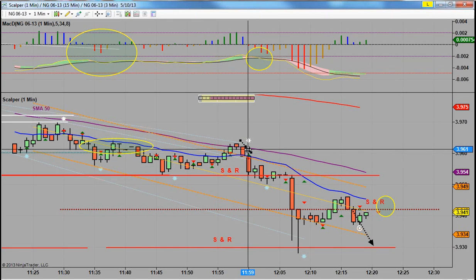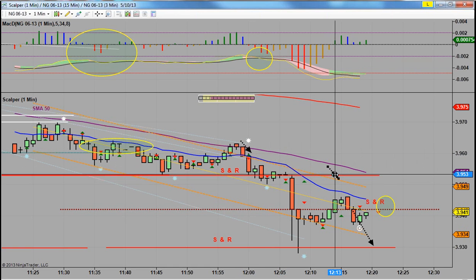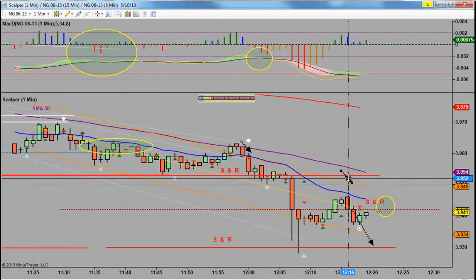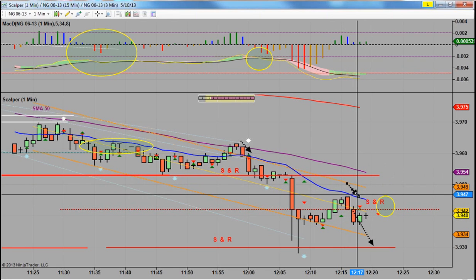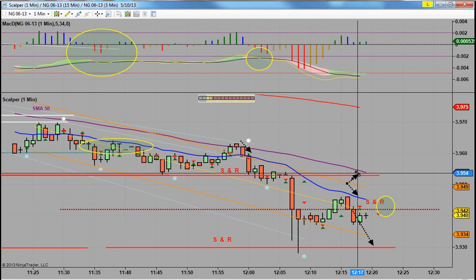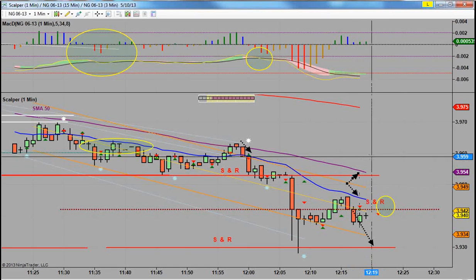And you can see here your divergence is greater between your moving averages.